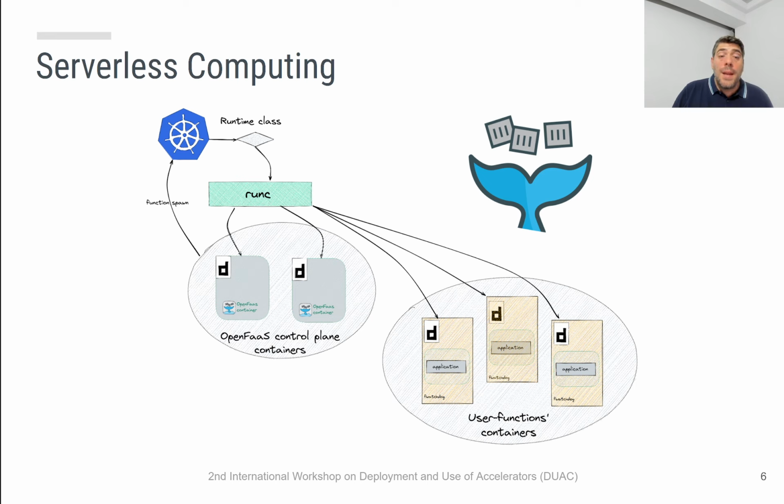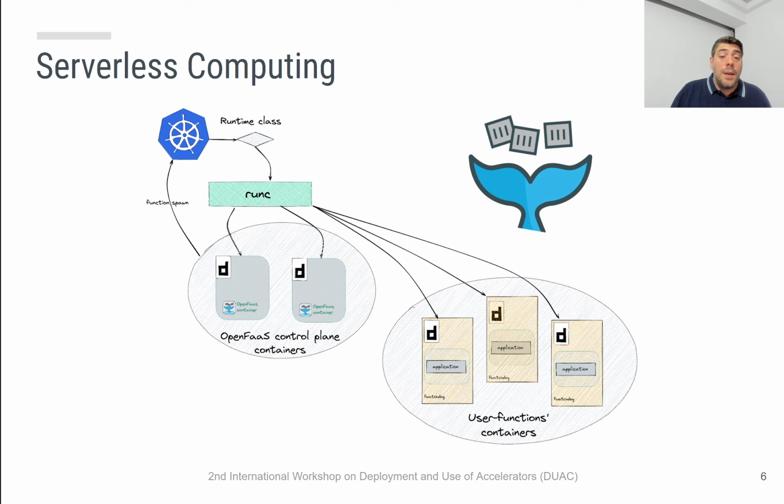The control plane of OpenFaaS is being deployed as generic containers, and these control plane functions spawn the user functions on the right-hand side, and there's also a gateway endpoint where upon a trigger, the OpenFaaS control plane spawns a new function or scales a new function and stuff like that.